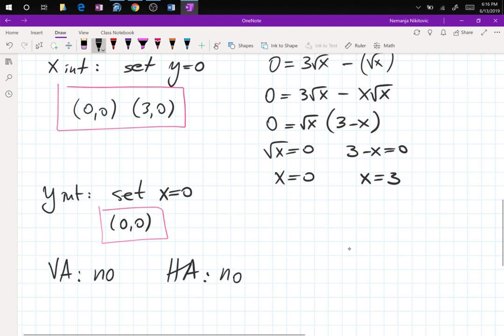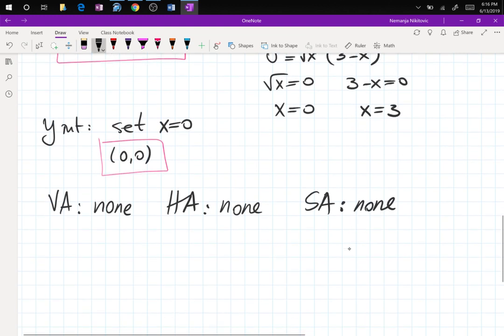None? Yes, there's none. And slant asymptote, obviously it's none. You can only have slant asymptote in one case. So no asymptotes of any kind.